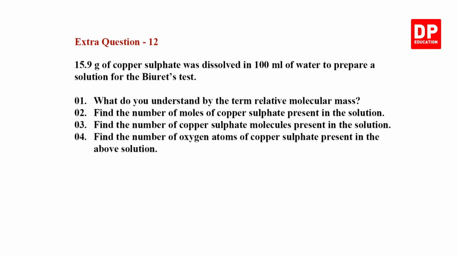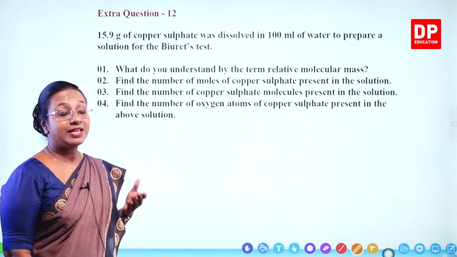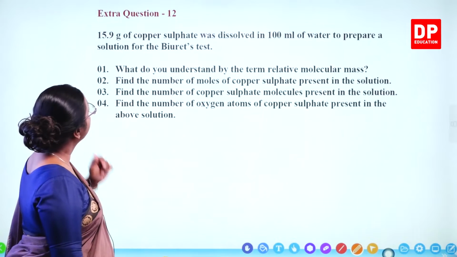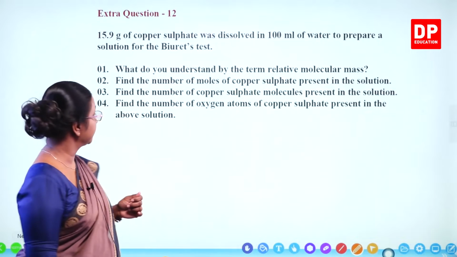Extra question 12. 15.9 grams of copper sulphate was dissolved in 100 milliliters of water to prepare a solution for the Biuret test. You know what the Biuret test is. It is the test to identify proteins. You can remember that. What do you understand by the term relative molecular mass?